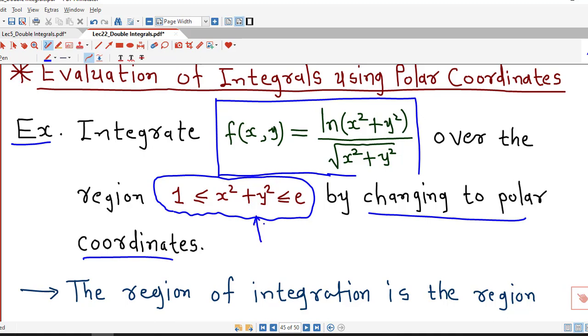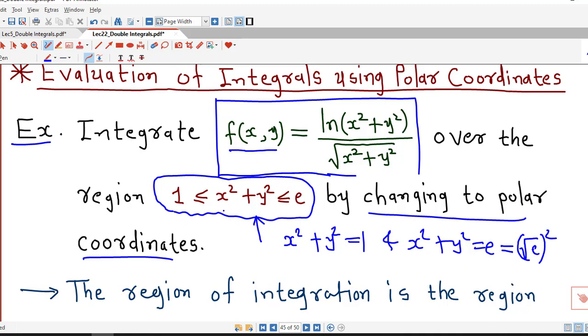So this region is nothing but the region between two circles x square plus y square equal to 1 and x square plus y square equal to e, that we can rewrite as square root of e. So we have to integrate this function over the annular region, that is the region between two circles with the same center (0, 0) and radius 1 and square root of e respectively.